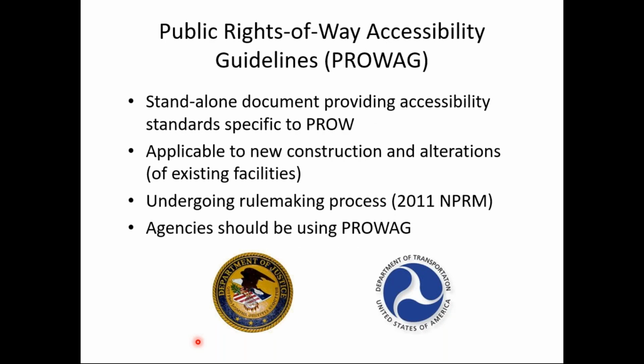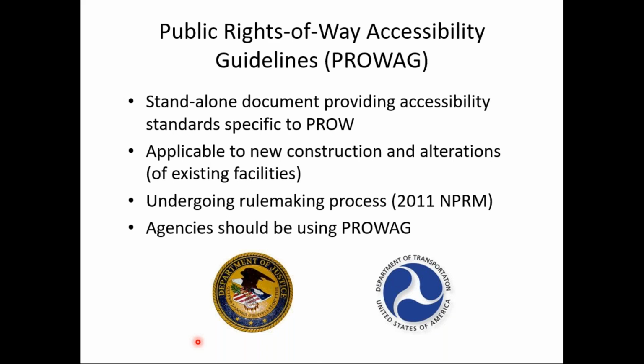Part of ADA deals with the public right-of-way, and those guidelines are referred to as PROWAG, the Public Rights-of-Way Accessibility Guidelines. Those of you that work with ADA know there's also the 2010 ADA Design Standards, which are the current law when it comes to ADA.